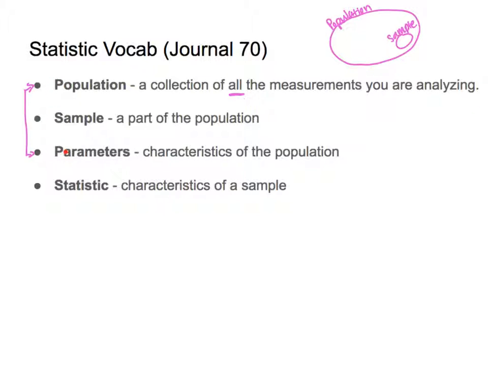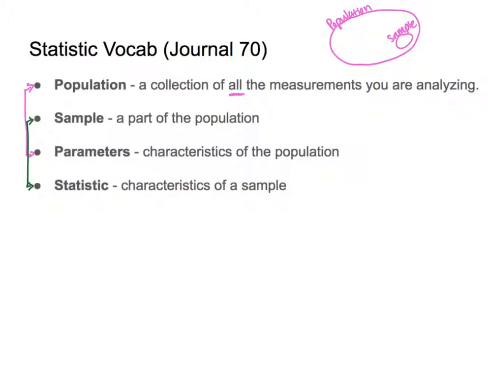Parameters are like when you figure out the mean, the average, the mode, whatever math component you are doing to the population. Whereas statistics is connected to the sample, and I like to remember that because they both start with S's. So if I calculate the mean, the mode, median, whatever I want, with the sample, do stuff to the sample, that is the statistics.